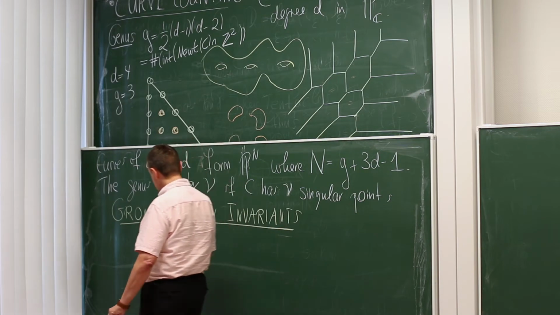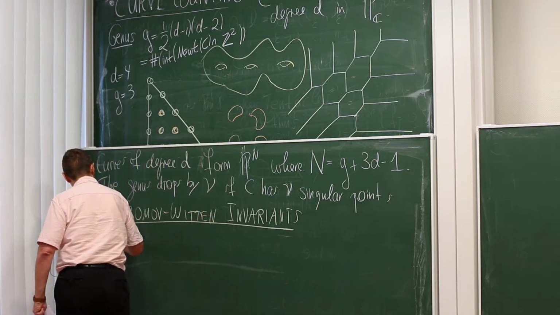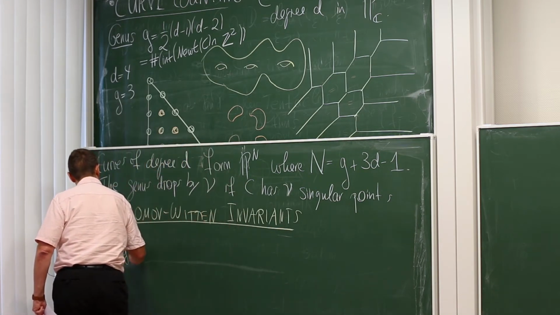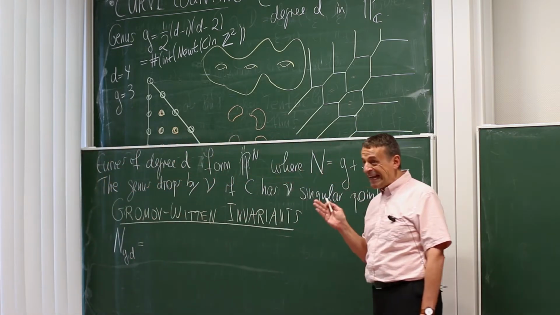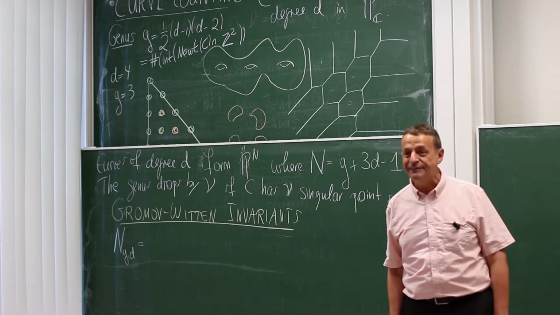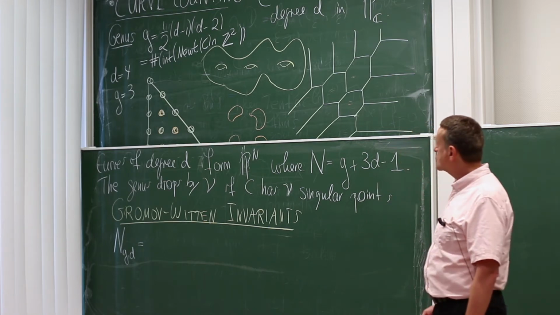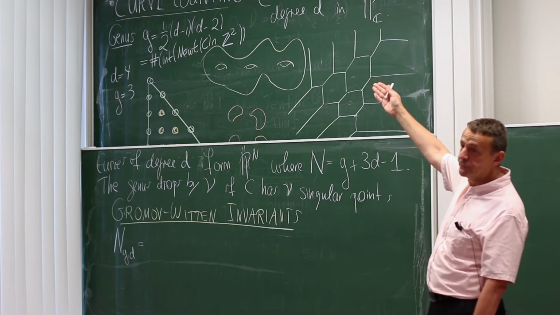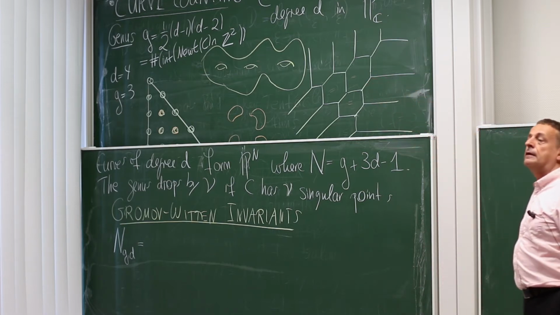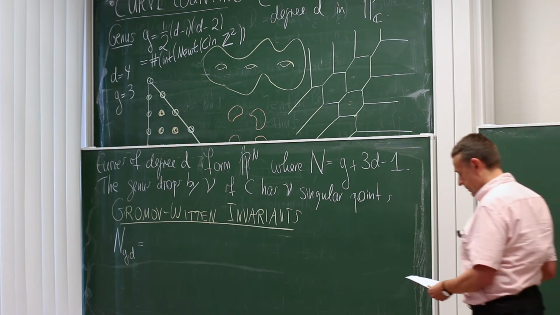These are numbers, capital N, that depend on the degree and the genus of a plane curve. So now I look at singular plane curves of a given degree d and a genus g. The genus will be at most the expression up there, but if it's less than that, then the difference counts the number of singular points.